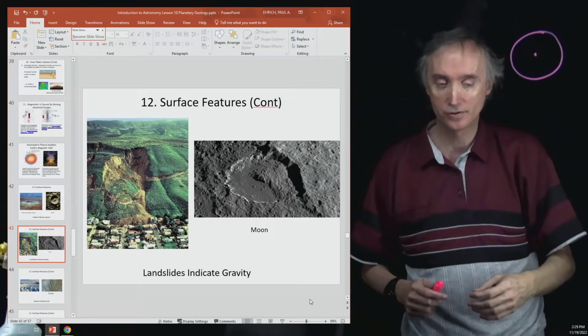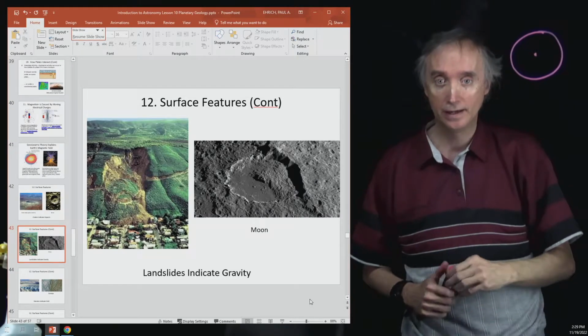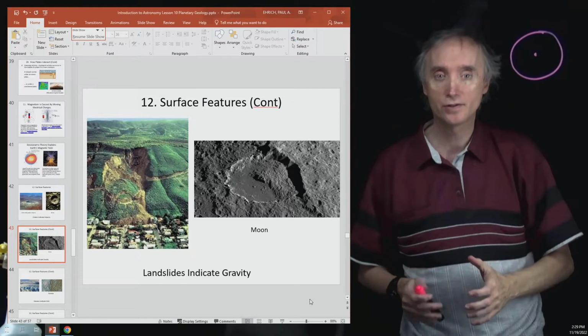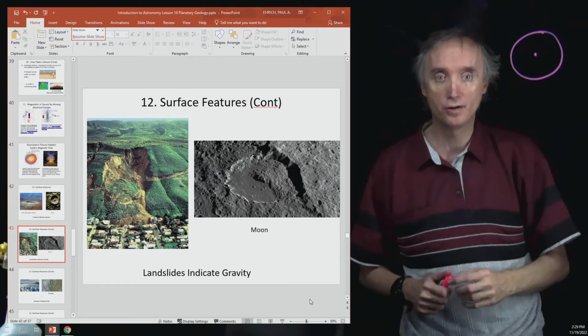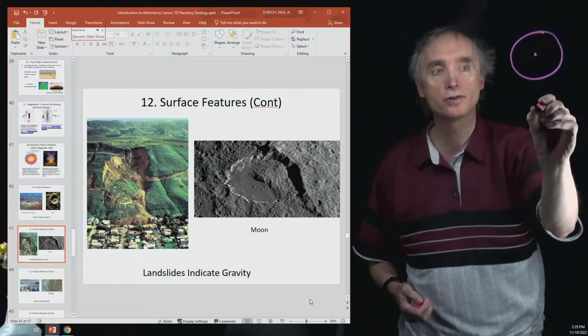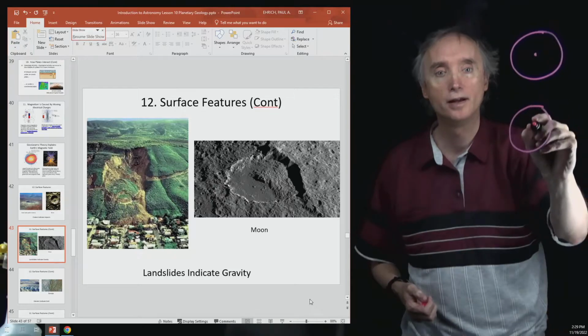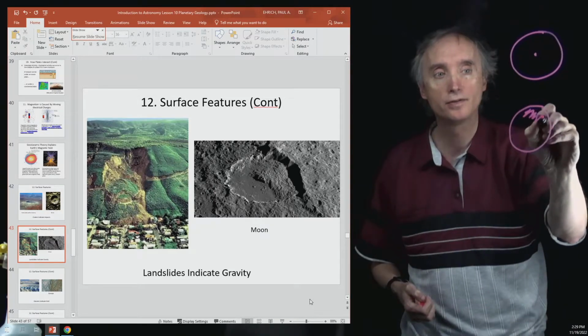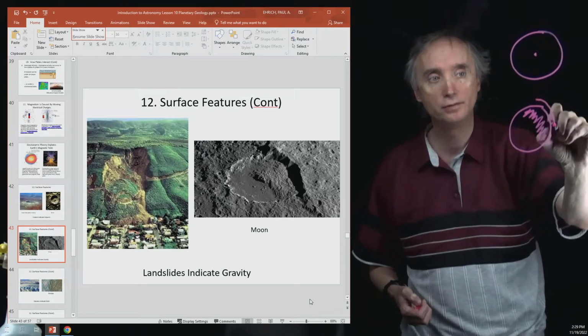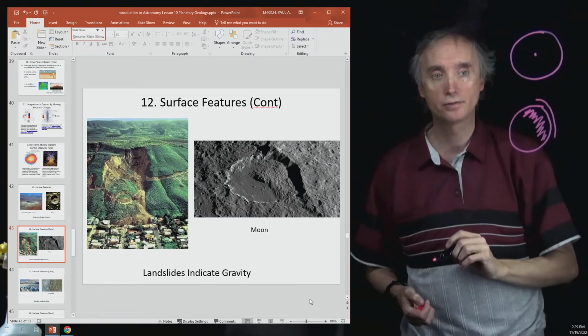So landslides are caused by gravity. And if you look over there to the right, you see a landslide that has occurred on the moon. Again, you're going to see a picture of the crater, and then you'll notice that there's some kind of stuff right here. Well, that's the material that used to be up here in that picture.